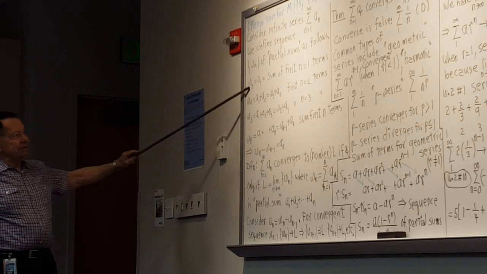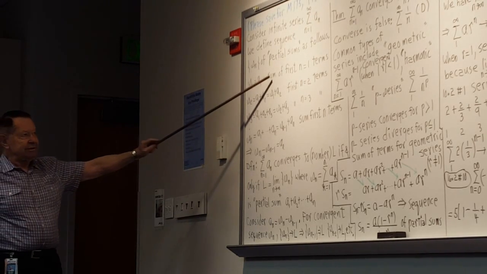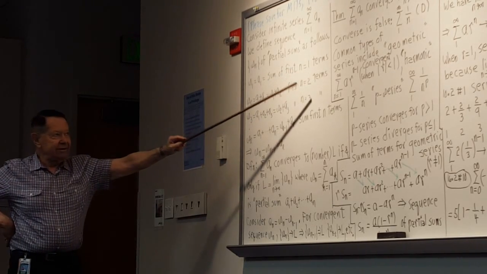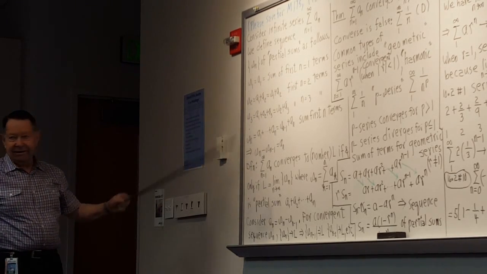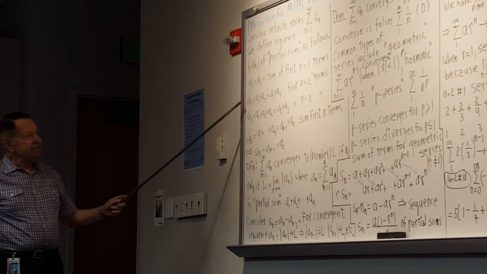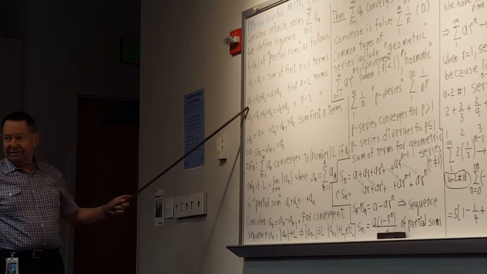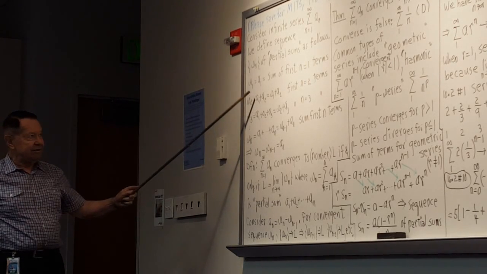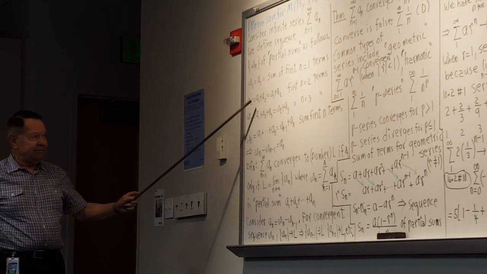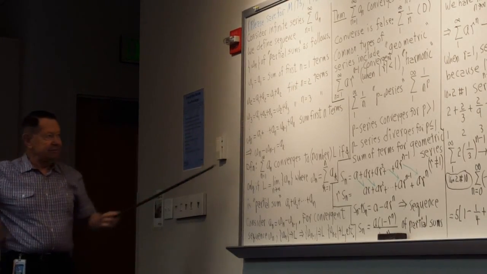The first term in the sequence is the first partial sum, so it's the sum of the first n equal 1 terms. So it's the same thing as the first term of the series. Then the second partial sum is the second term in the sequence of partial sums, so it's first term plus second term. So in other words, the sum of the first two, n equal 2, terms.